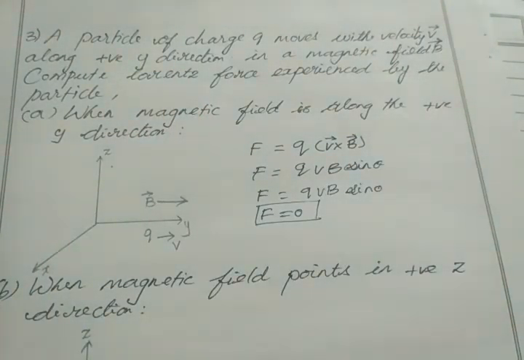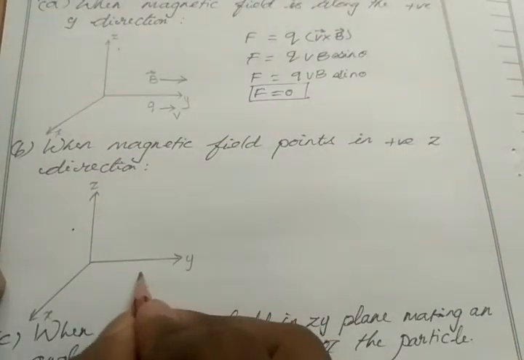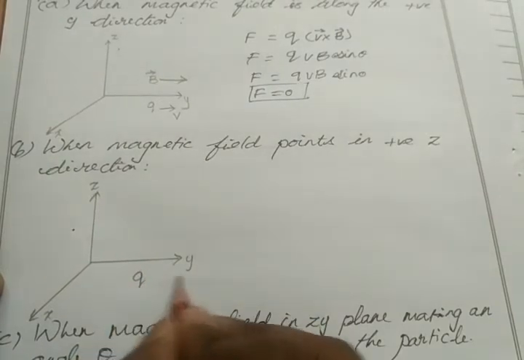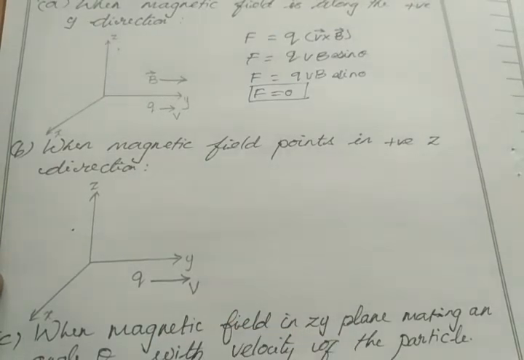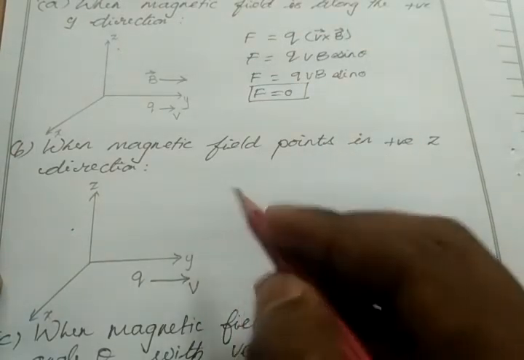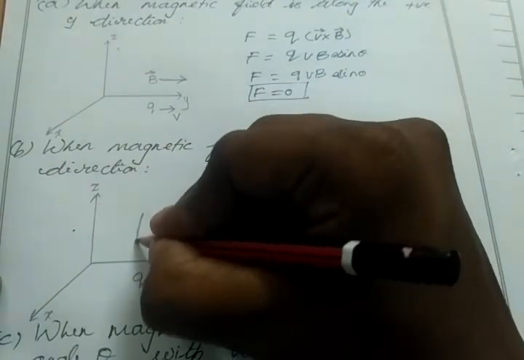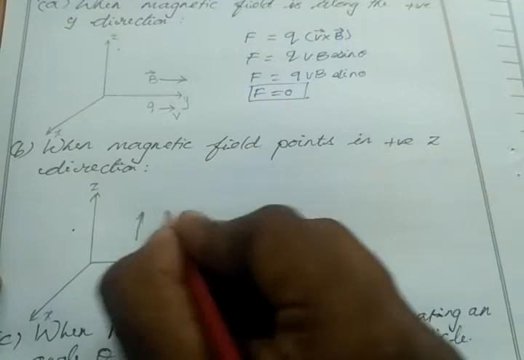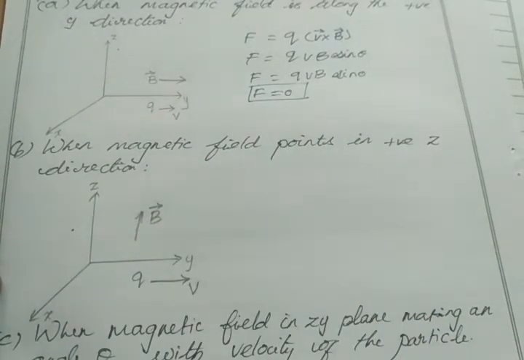So in all the three cases my particle moves in positive y direction. Clear? For all the three conditions. So when magnetic field is in positive z direction, this is my positive z direction. So this is the direction of magnetic field.